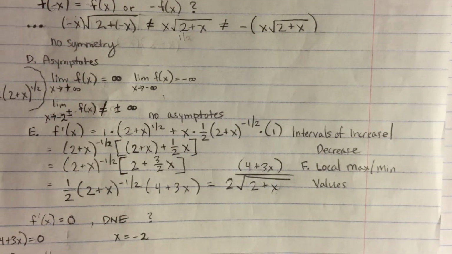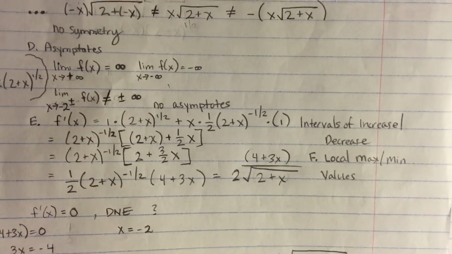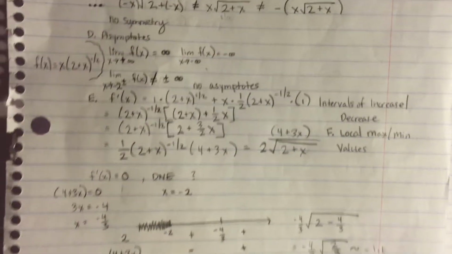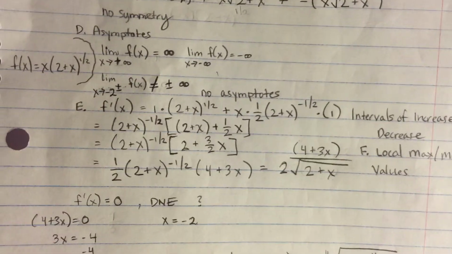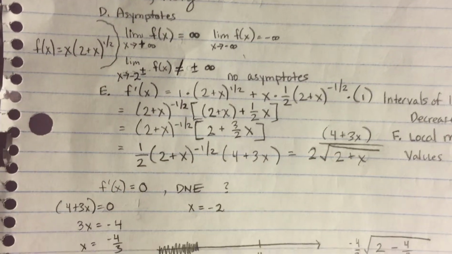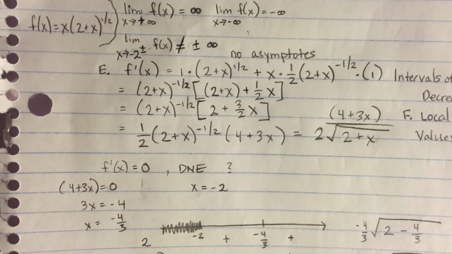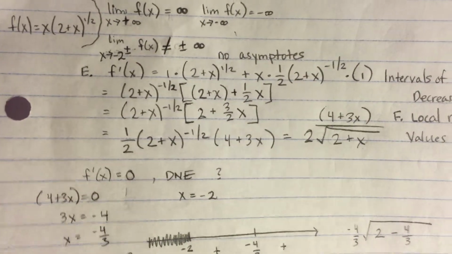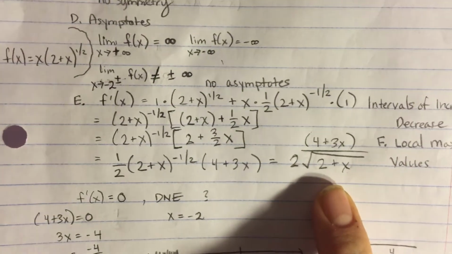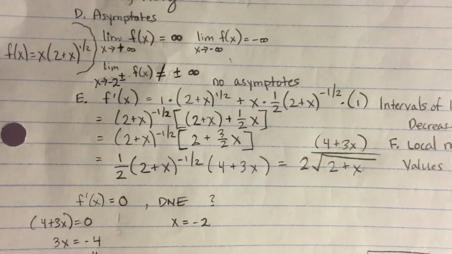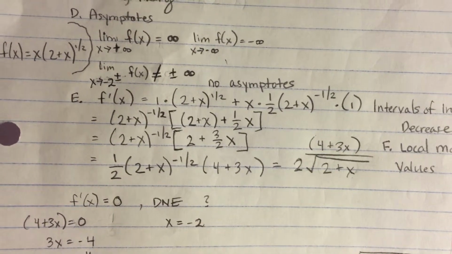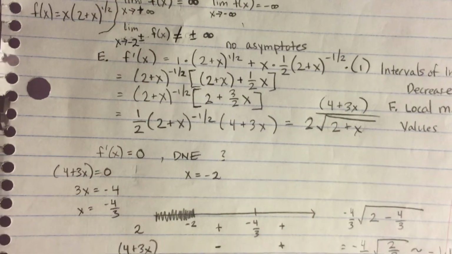Now for the next step, intervals of increase and decrease and finding the local max and minimum values. We find our derivative, which is over here, f prime of x equals 4 plus 3x divided by 2 times the square root of 2 plus x.